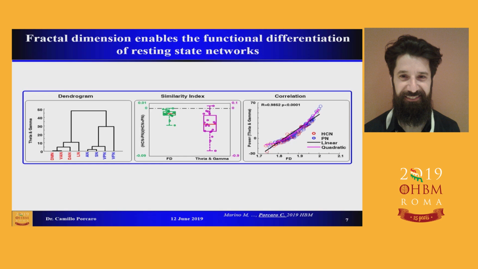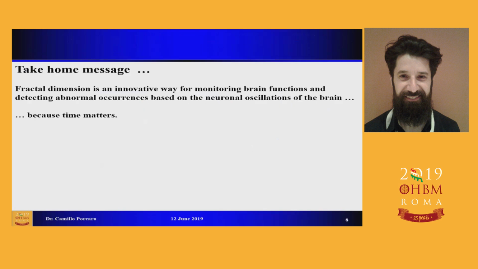One thing that I want to remark is that the correlation between the frequency and the fractal dimension is more than a linear correlation; it is more a quadratic correlation. So I think that integrating broad information can give more information than the two features alone.